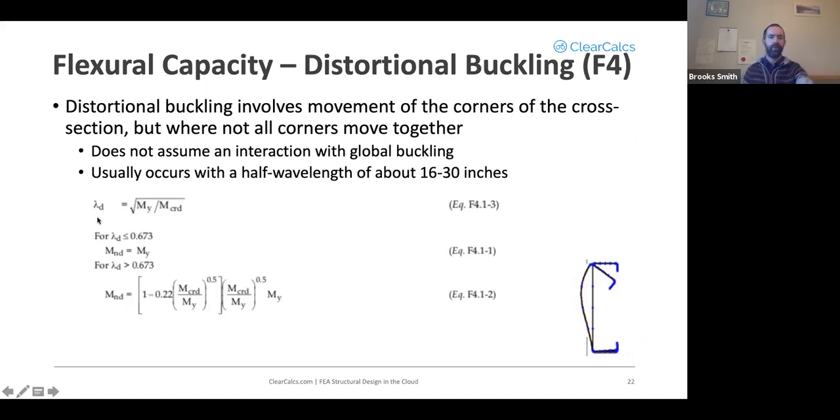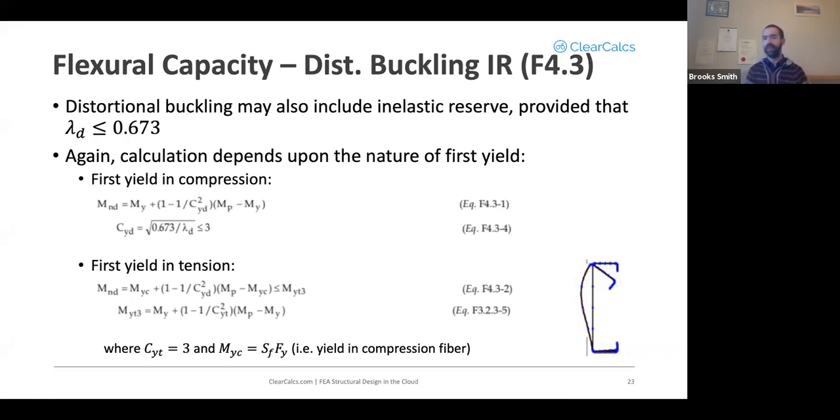Similar to local buckling, you calculate a slenderness factor first. That's your lambda D here. You notice it's MY instead of MNE because we are not considering interaction with global. And again, depending upon the value of that lambda, you switch between one of these two equations that you plug into to get your distortional buckling capacity. And again, distortional buckling also has an inelastic reserve that you can consider.